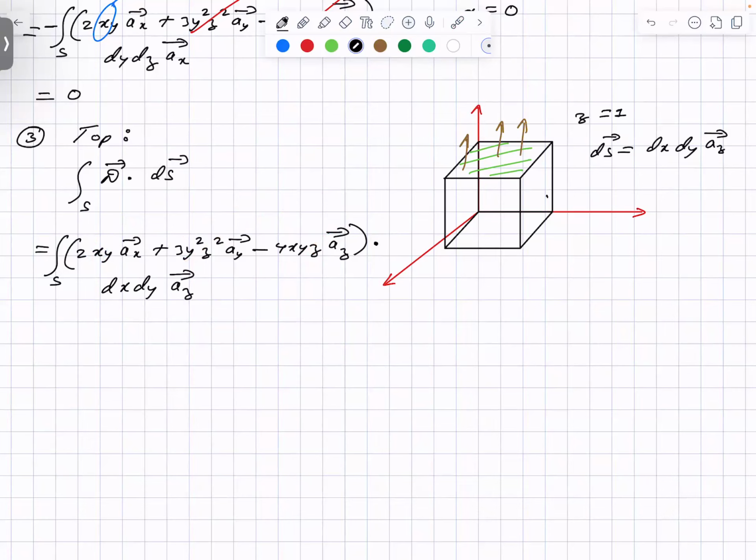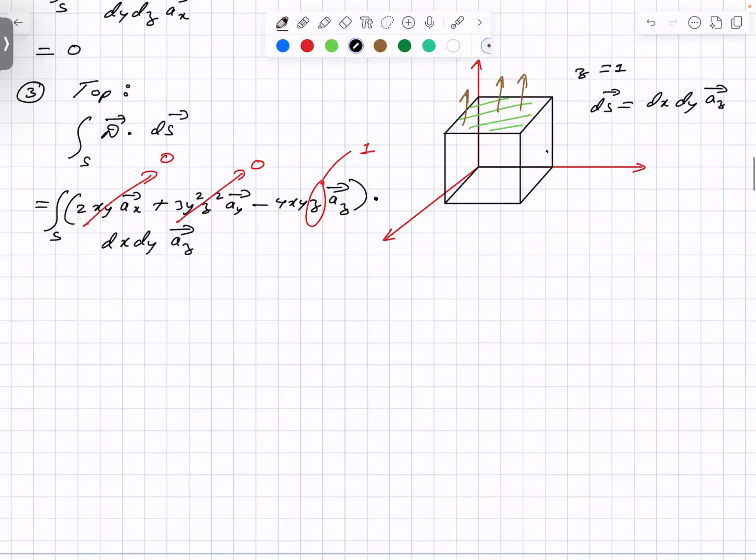Now we're doing dot product with a vector that has only a z component. There's no x or y component. So this term will become 0 and this term will become 0. And in the remaining term, wherever we see z, we have to set it equal to 1. So this z becomes 1.